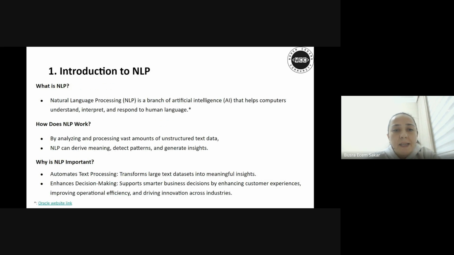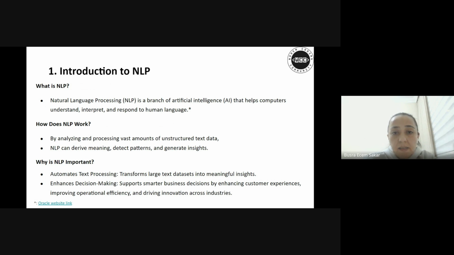Let's begin by understanding what NLP is. NLP is a branch of AI that allows computers to understand, interpret, and respond to human language. The main goal here is to bridge the gap between human communication and machine understanding. So how does NLP work?